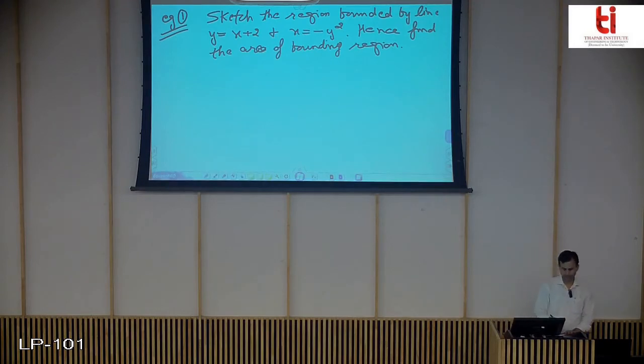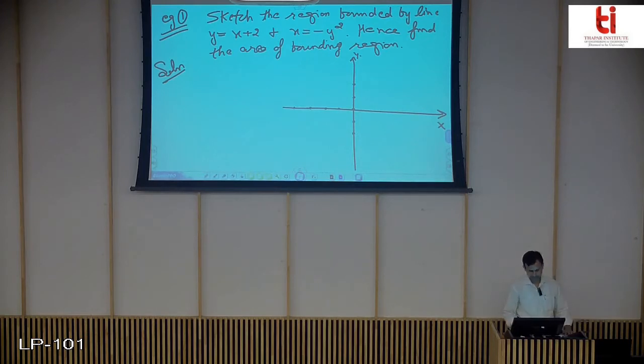So first of all, let us start with your region of integration. This is the x-axis, this is the y-axis. So y equals x plus 2: at x equals 0, y equals 2, and at y equals 0, x is minus 2.